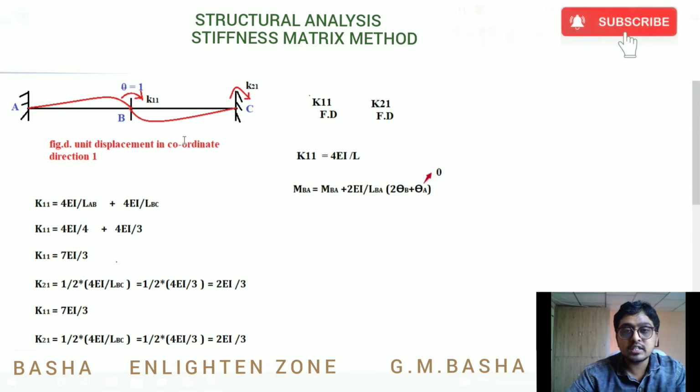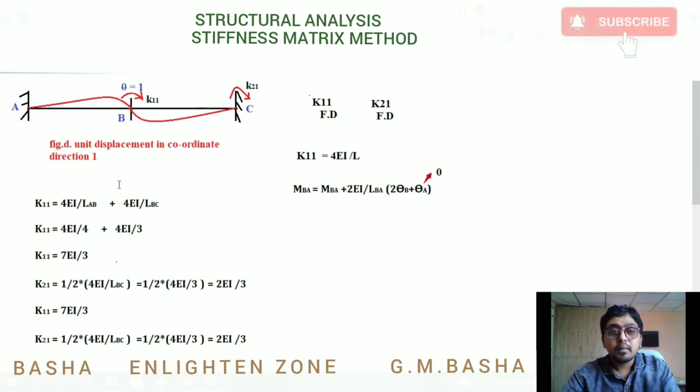But in this problem, K21 is for the individual connecting member, not the entire joint, so K21 will be half of the member BC. The unit value for span BC is 4EI by LBC, and we carry only half of that moment to the other end, not the entire 7EI by 3. So half of 4EI by LBC, simplified, gives 2EI by 3.